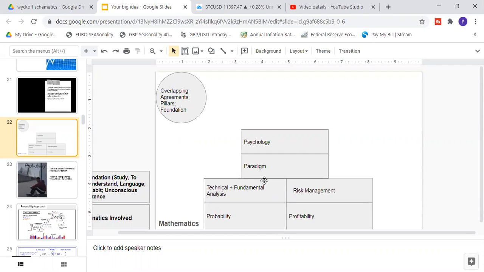Oftentimes, based on the educator and mentor in this profession, you usually see something like psychology, technical plus fundamental analysis, and risk management as part of their table of contents, right? As in, those are the sections they're going to go through and teach you in order for you to become self-sufficient. So I think that mathematics is the most factual language, right? Because the numbers never lie.